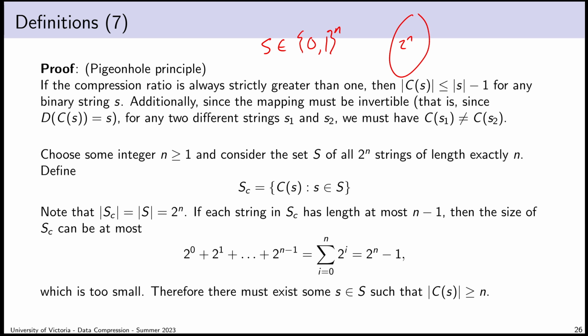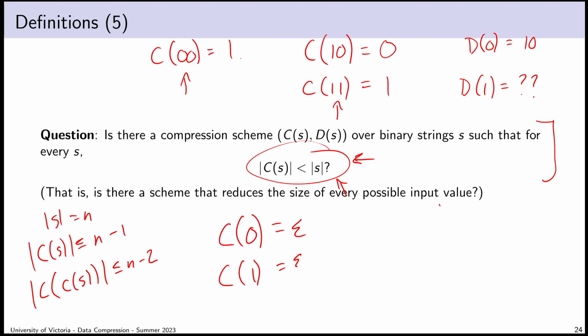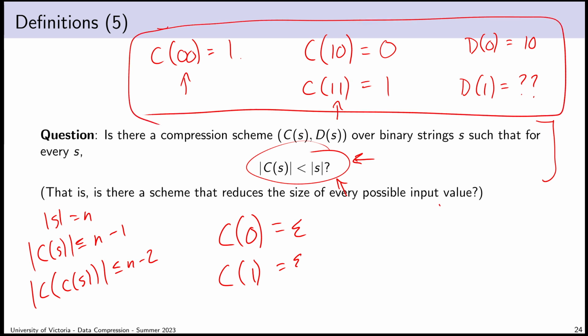What I'm going to do is illustrate that if I feed all of those different bit sequences into my compressor, and what comes out always has to be smaller, well, then obviously the compressed size has to be less than or equal to n minus 1. And I'm going to leverage the same observation I made a couple slides ago, which is if I try to compress all of the different 2-bit sequences, so 00, 01, 10, 11, there aren't very many 1-bit sequences that I could be compressing them into.